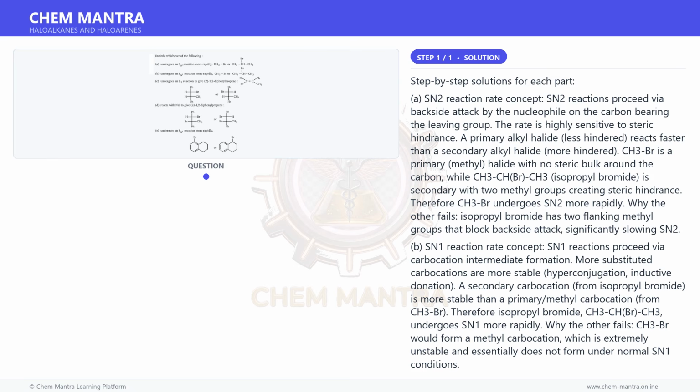For E2 elimination to give the Z alkene, the correct stereoisomer is the one where H at C2 and Br at C1 are anti in the relevant conformation. Analysis of the first Fischer projection: Ph top, H on left at C1 with Br on right, H on left at C2 with CH3 on right, Ph bottom.